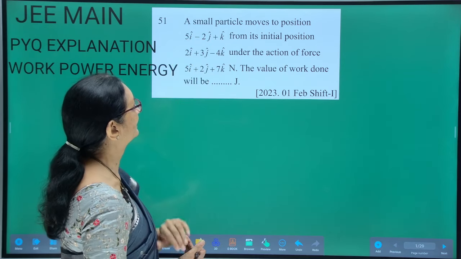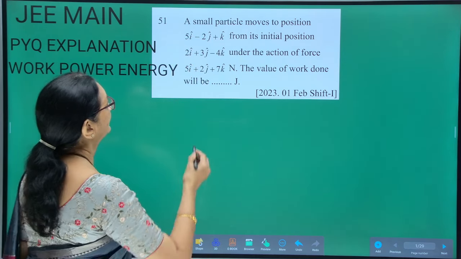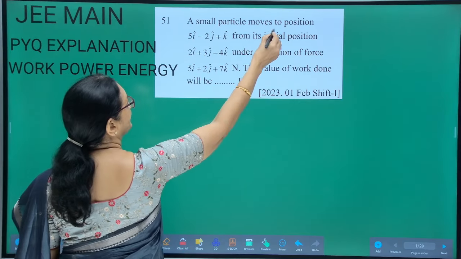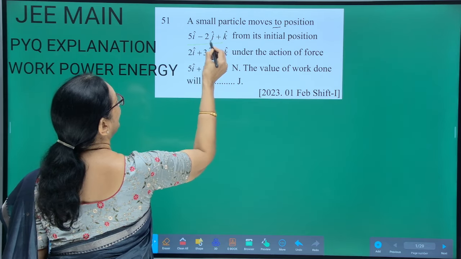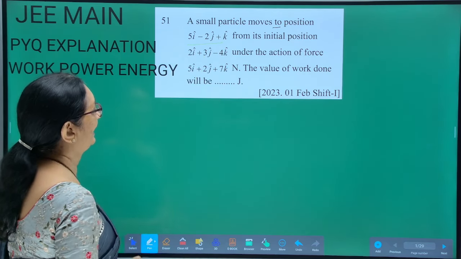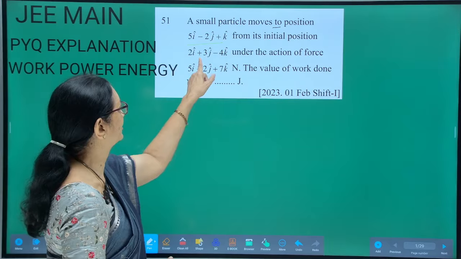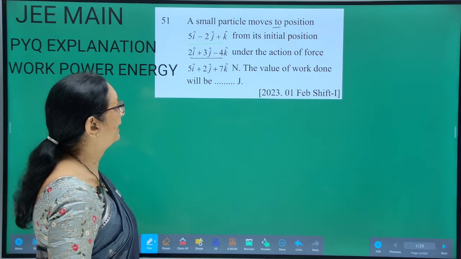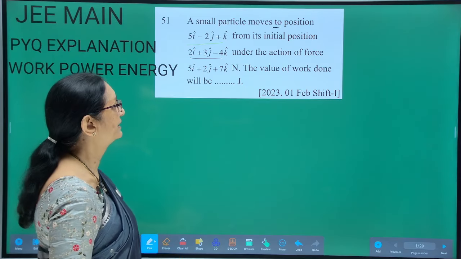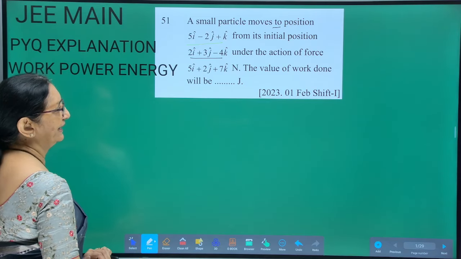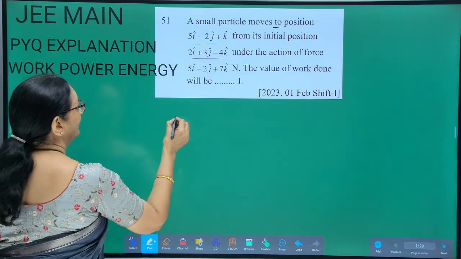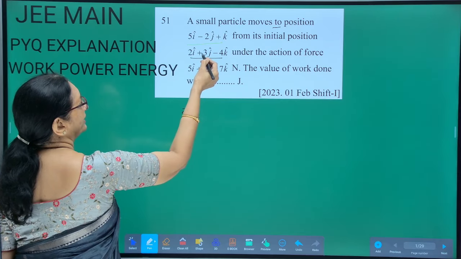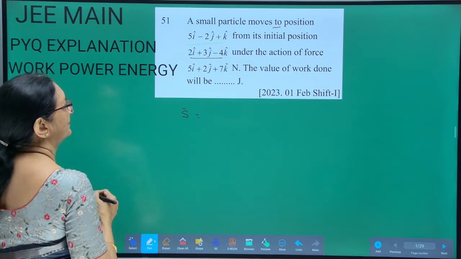A small particle moves to position 5i minus 2j plus k, that is the final position, from its initial position 2i plus 3j minus 4k under the action of the given force. Find the value of work done in joules. Here the displacement vector is final position vector minus initial position.